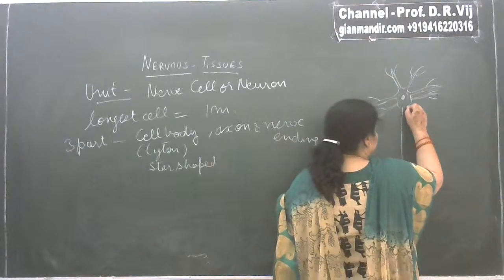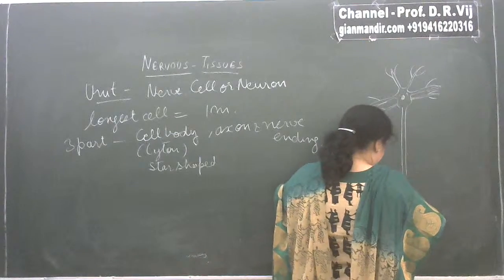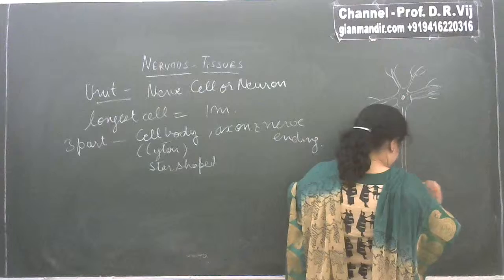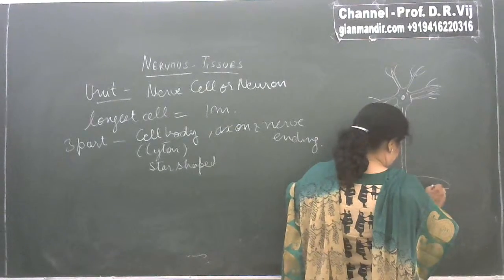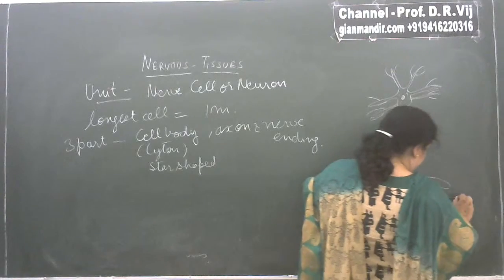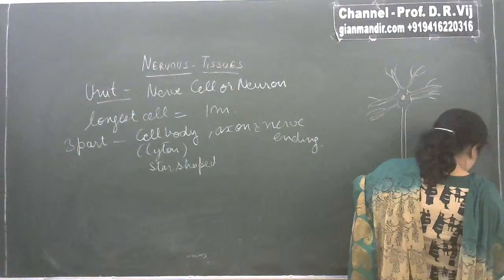Then attached to it is a long thread-like structure known as the axon, and the end of the axon is also branched. These branches are known as nerve endings.